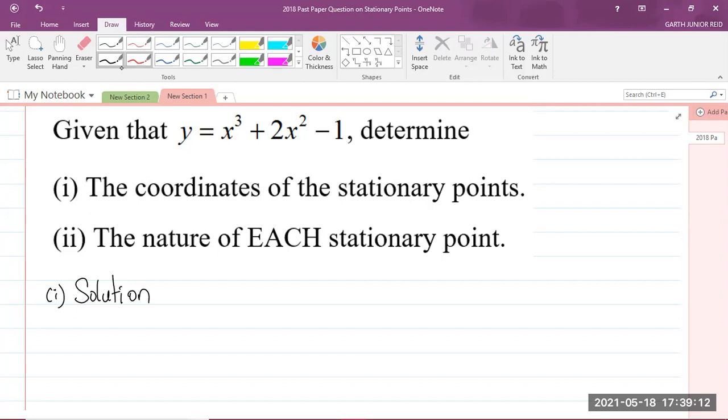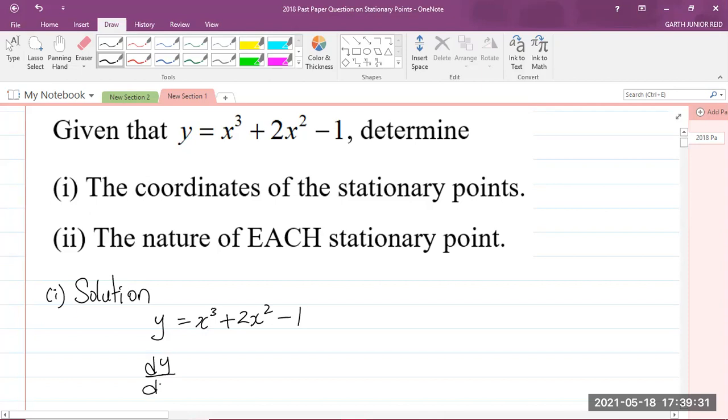So it means that I'm going to have to find the derivative of y with respect to x. We were given y is equal to x cubed plus 2x squared minus 1, and I need to find dy by dx.